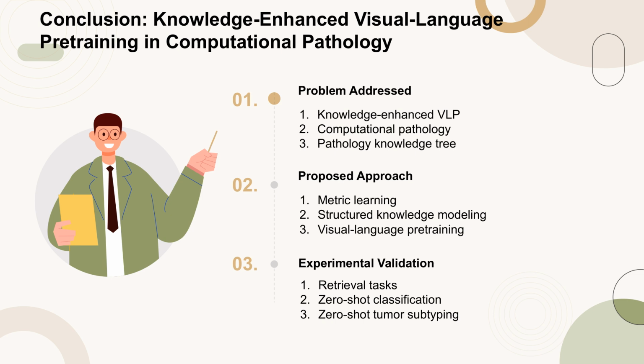Guided by the pre-trained knowledge encoder, they perform extensive visual language pre-training on pathology image caption pairs. To validate their approach, the authors evaluate the pre-trained VLP models on 3 downstream tasks: retrieval, zero-shot classification on patch-level pathology images, and zero-shot tumor subtyping on pathology WSIs. The quantitative results show that pathology knowledge significantly enhances performance across various tasks.